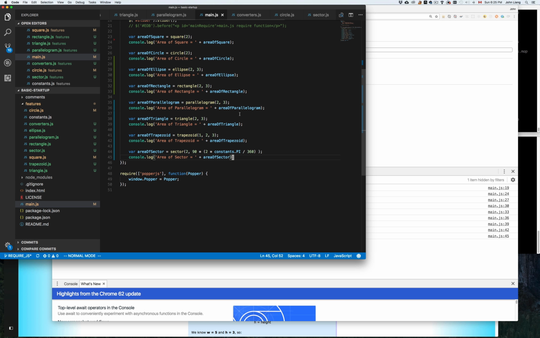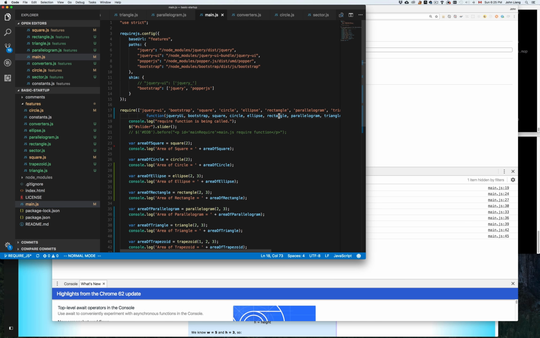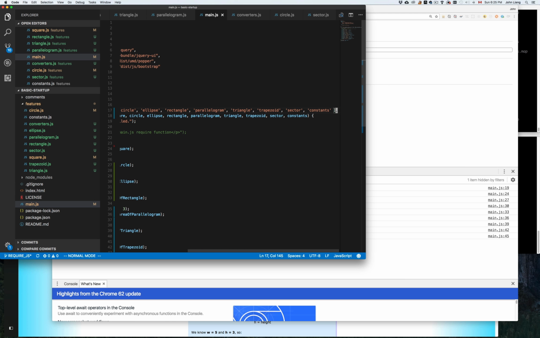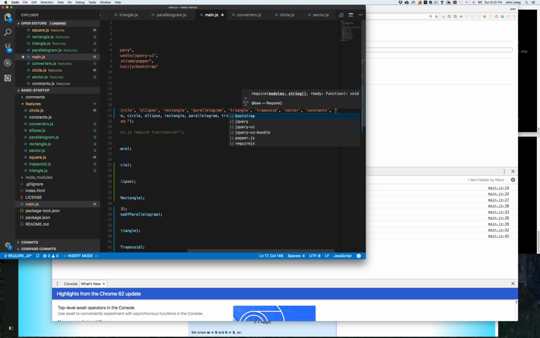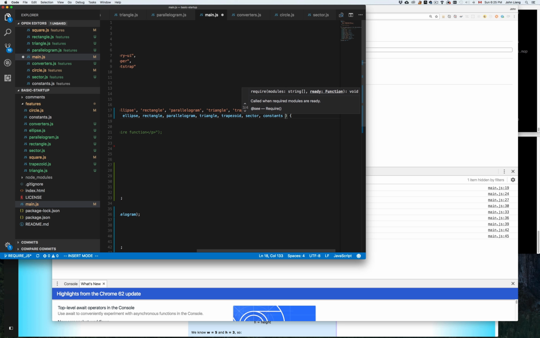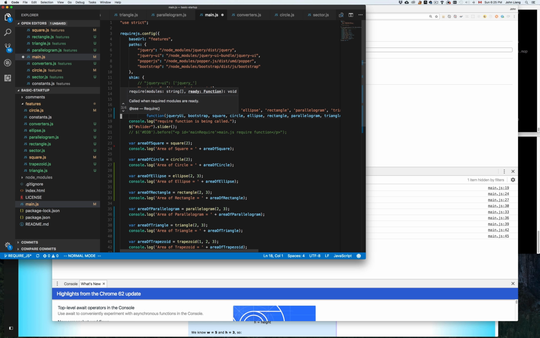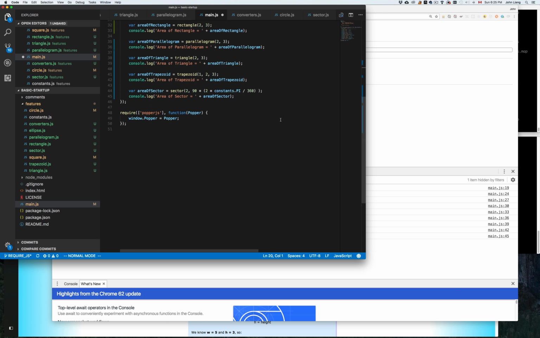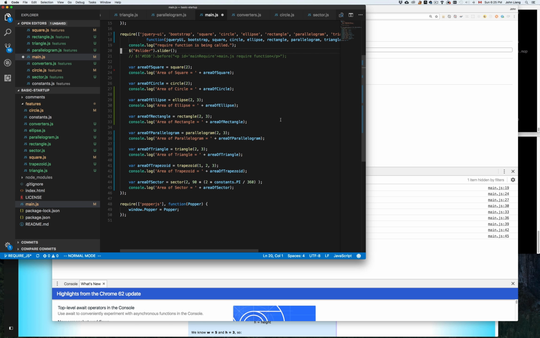Back to the main function. Now let's put in converters. Let's take this out.